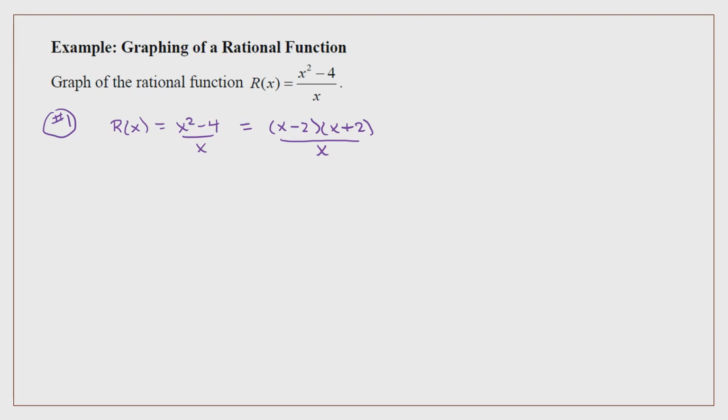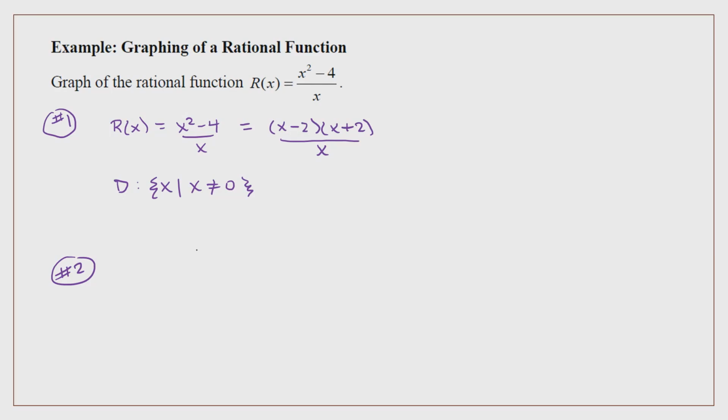Next, we need to find the domain. So the domain is going to be all real numbers except for when the denominator is 0. So we set the denominator equal to 0 and we get x equals 0. So our domain is going to be all x values except for when x equals 0.